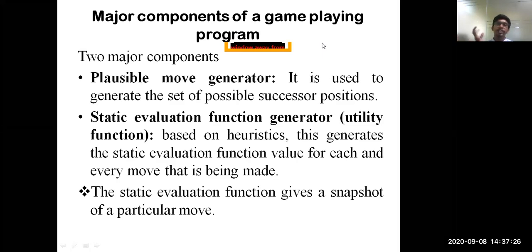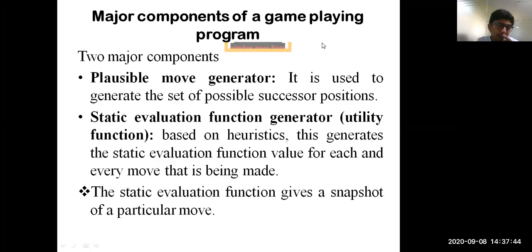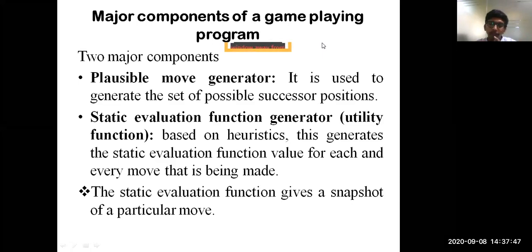Whatever search techniques we have learned previously, it can be A star, hill climbing, or a greedy approach, there also you will initially be looking at all the possibilities. In the example we discussed about the Jaipur and Delhi problem, you have two paths, and those are the possible outcomes. Starting from the source node to the destination node, you will be looking into all possibilities. That's what we call the plausible move generator.